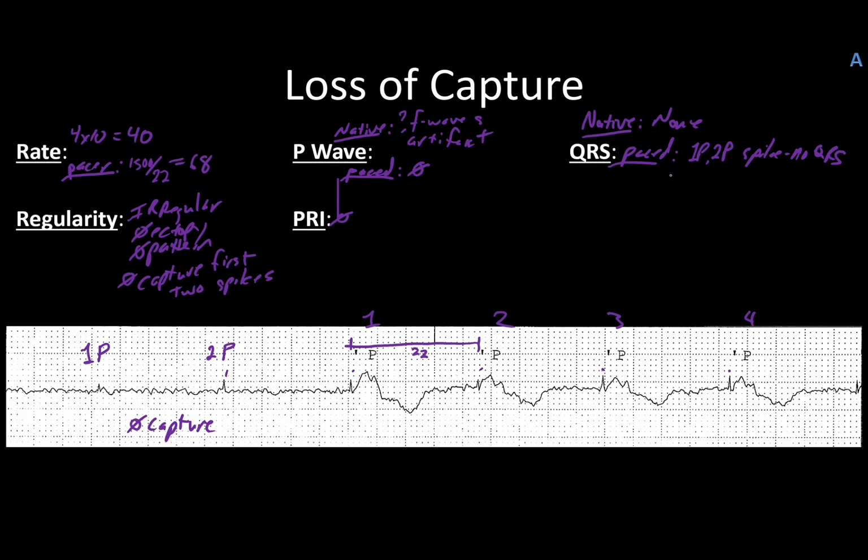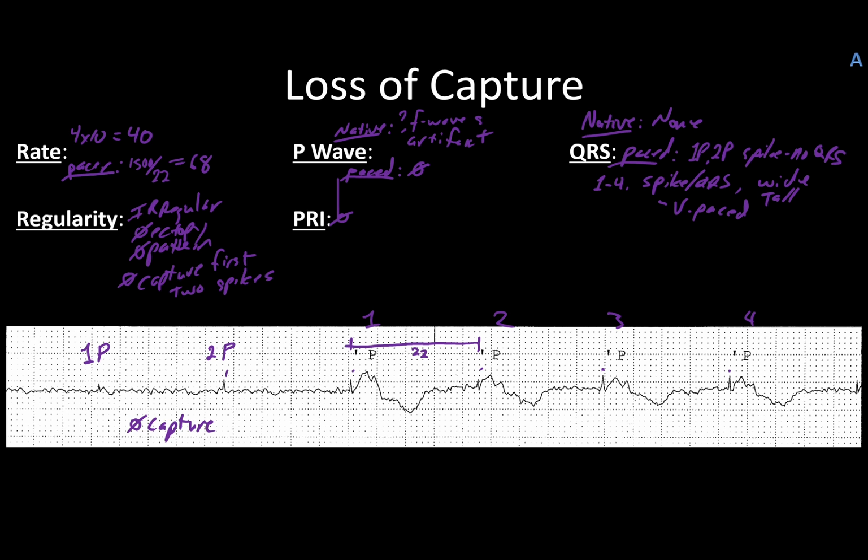And then remaining beats, so 1 through 4, we have 1 spike per QRS. They're wide, kind of tall, not really. So those are the signs that we're looking at V pacing.